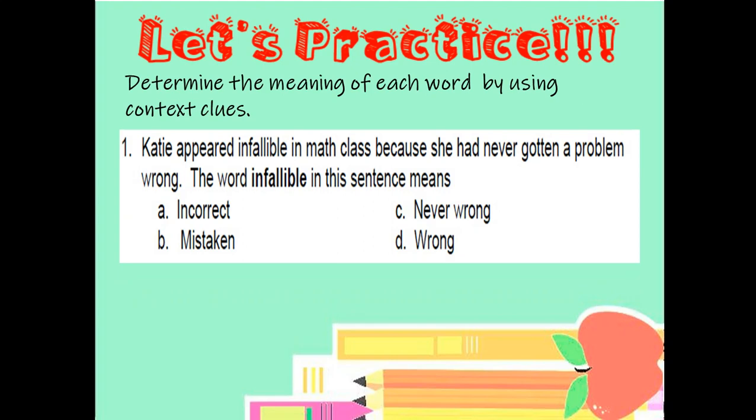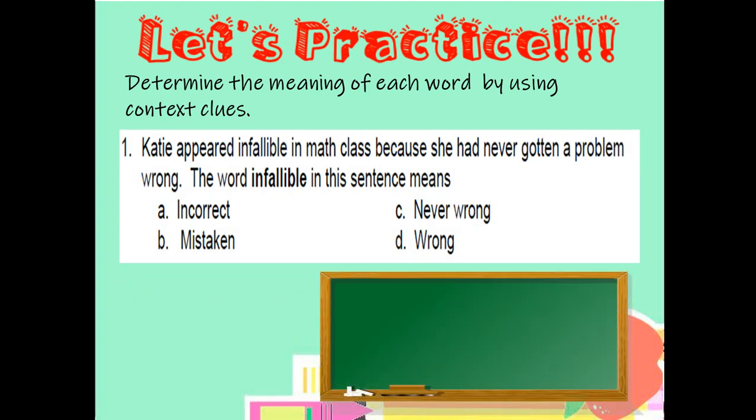Question number 1. Katie appeared infallible in math class because she had never gotten a problem wrong. The word infallible in the sentence means A. Incorrect, B. Mistaken, C. Never wrong, or D. Wrong. What would be your answer? That's correct. Letter C, never wrong. Infallible is also never wrong as a synonymous term, because we have here the clues: never gotten a problem wrong.